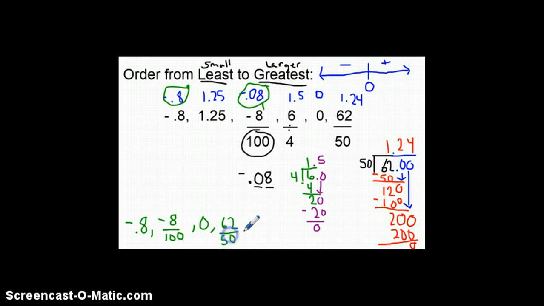Our next one would be 1.25. And lastly, we have 6 over 4. This right here is our answer.